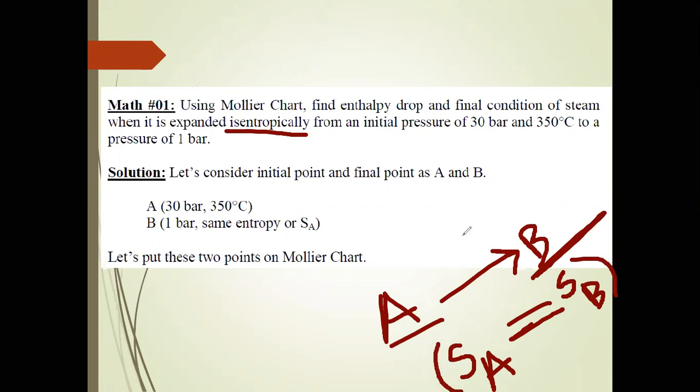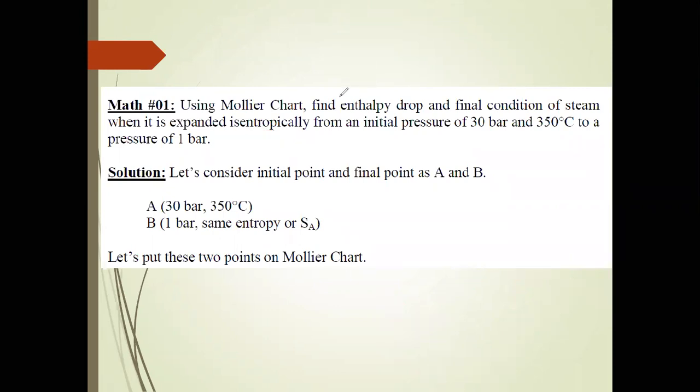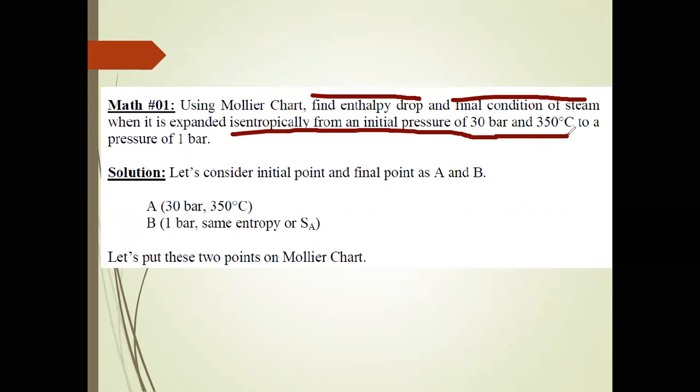Okay, let's check the example one more time. Find the enthalpy drop and the final condition of the steam when it is expanded isentropically from an initial pressure of 30 bar and 350 degrees Celsius.